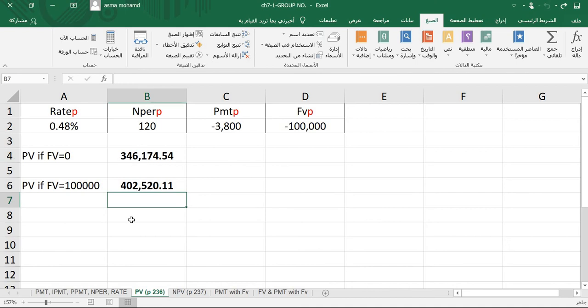Now our client needs to decide either to have now 346,100 riyal for supplying her assets.